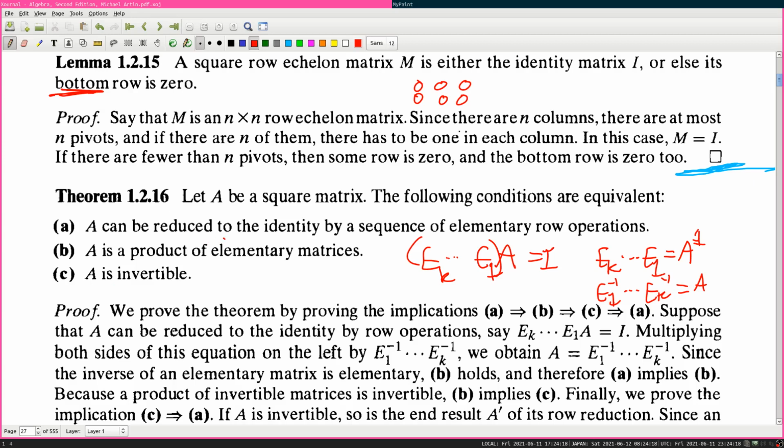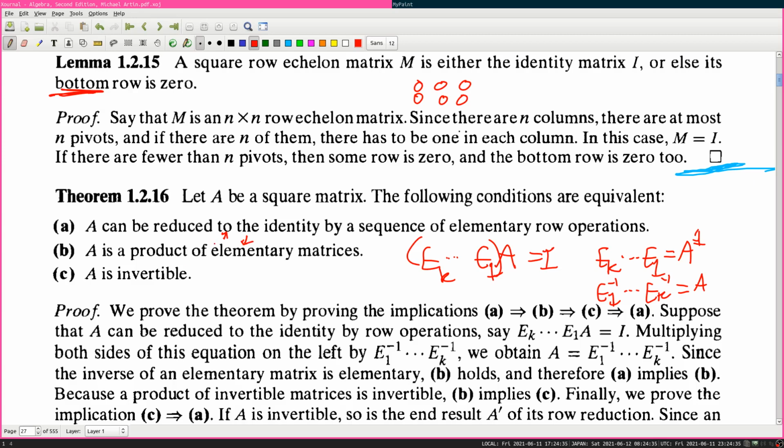Right, so B clearly implies C, because if you write A like this, you just take the inverse. There's its inverse. It's a bunch of elementary row operations. And so we've proved from this little argument that A and B are equivalent.